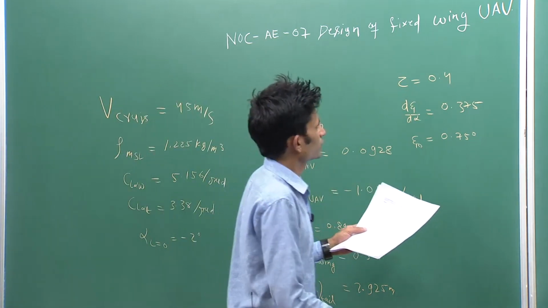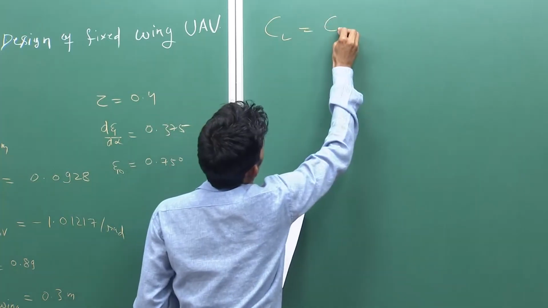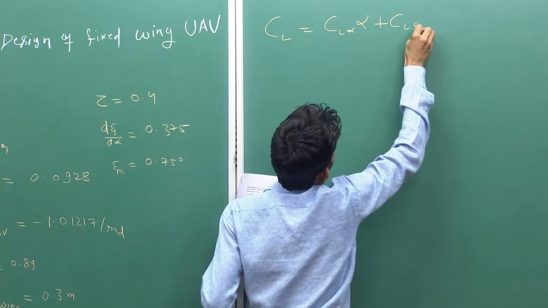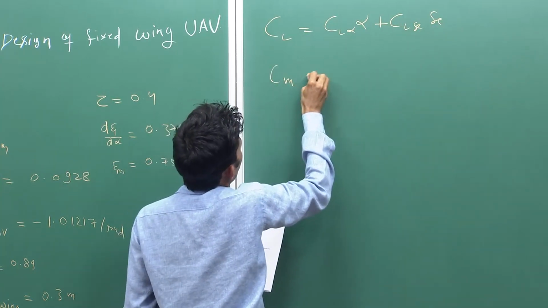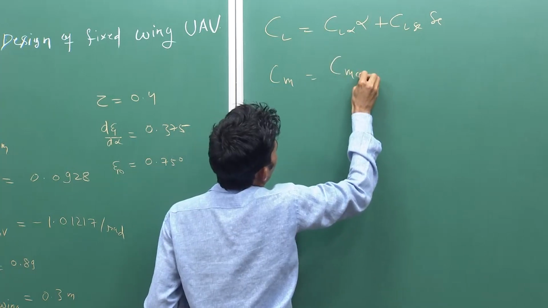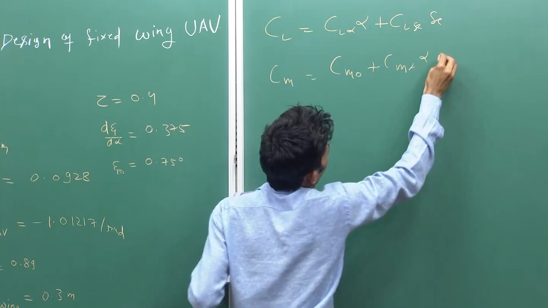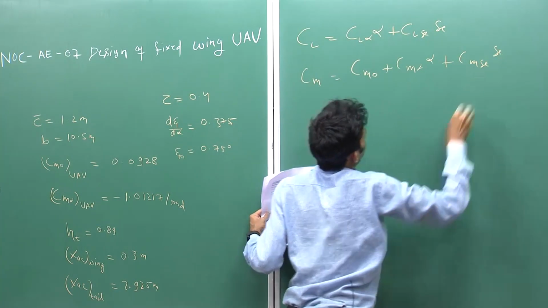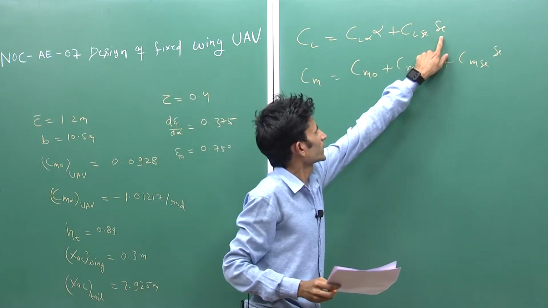and some useful formula also given, like CL equal to CL alpha into alpha plus CL delta E into delta E, and Cm equal to Cm naught plus Cm alpha into alpha plus Cm delta E into delta E, where delta E is elevator deflection.